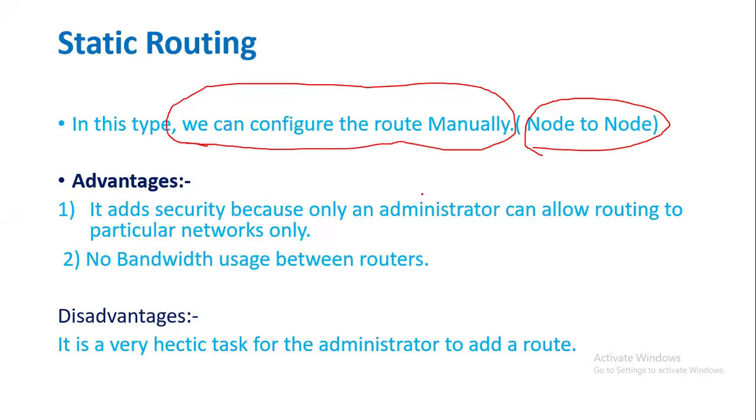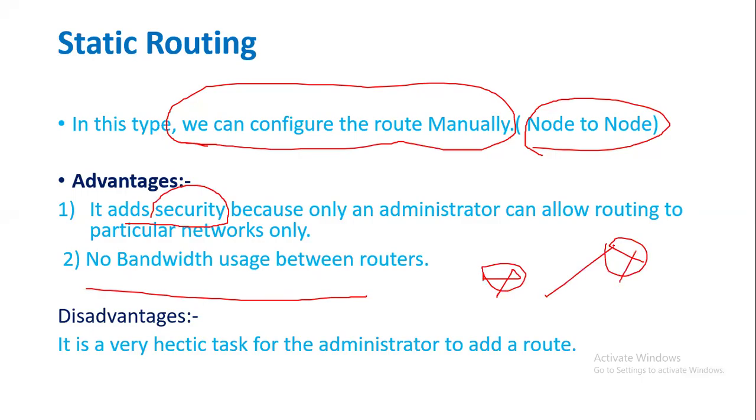That is the concept of static routing, and it gets some security because the network administrator configures only particular networks, so it gets better security. And if you have multiple routers across the network or within a network, no bandwidth is consumed between the routers. That is the main advantage of the static route.